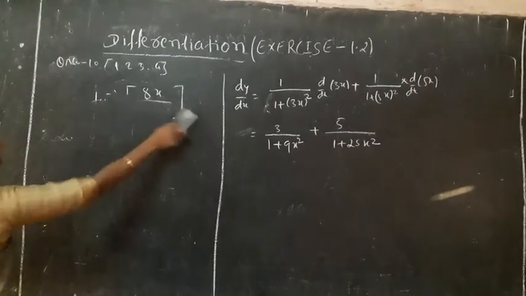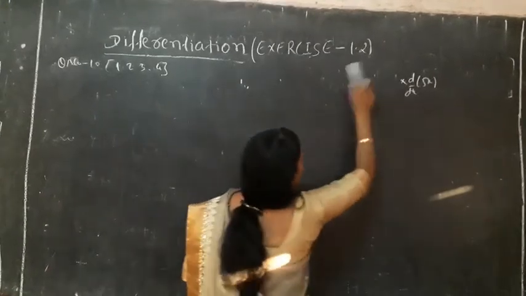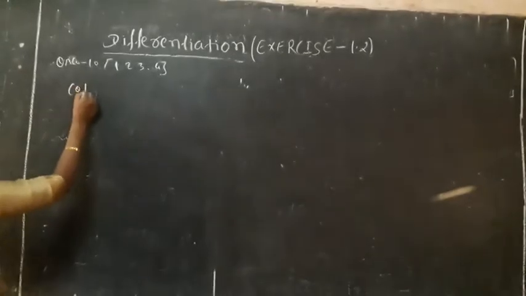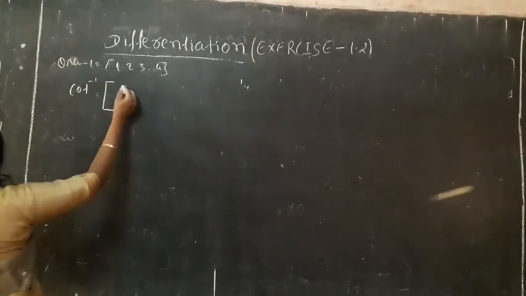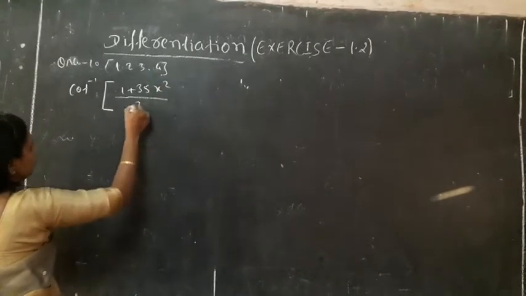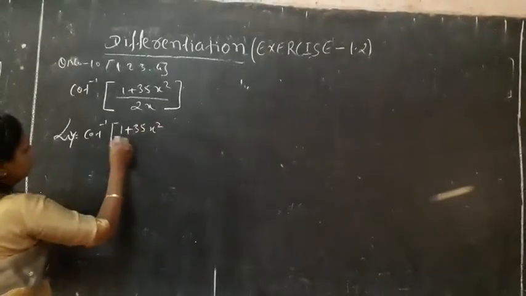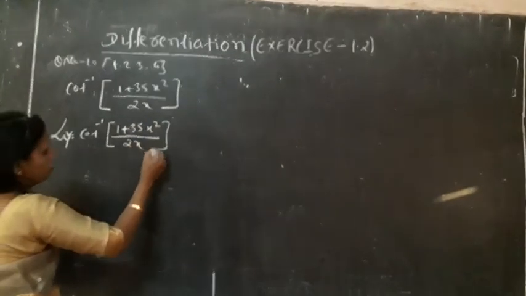Next, consider the second one. The second example is cot inverse of (1 plus 35x square) upon 2x. So first define the function, that is y equal to cot inverse of (1 plus 35x square) divided by 2x.